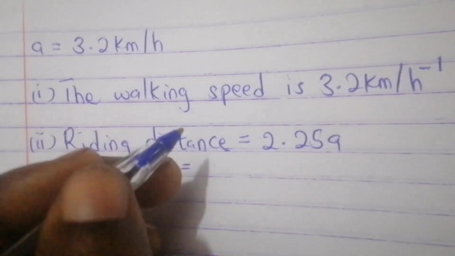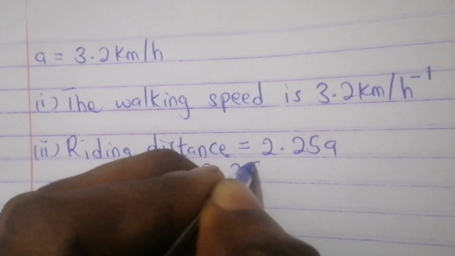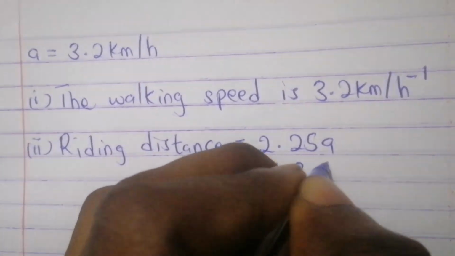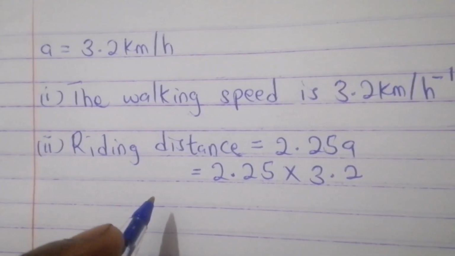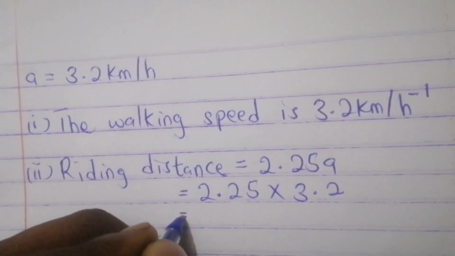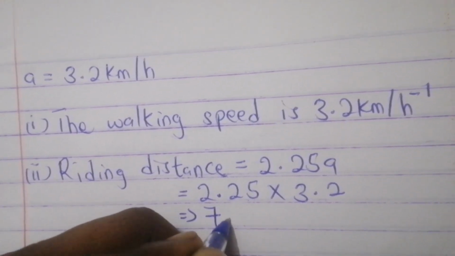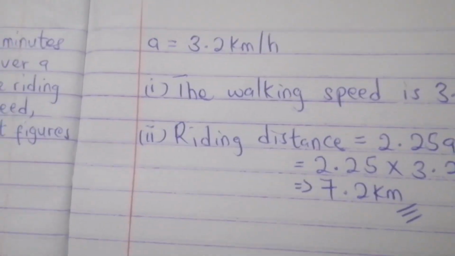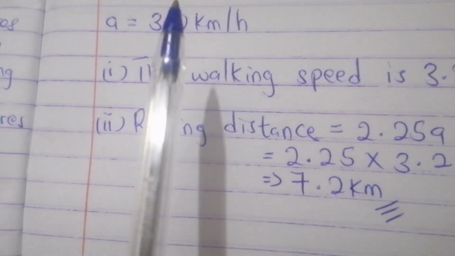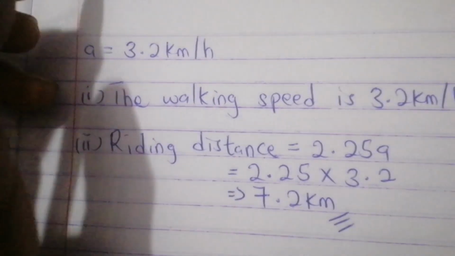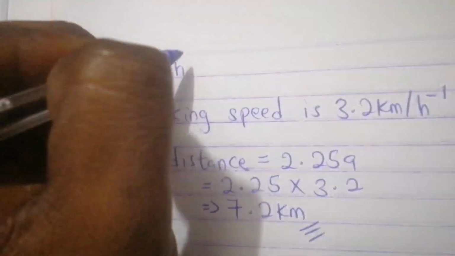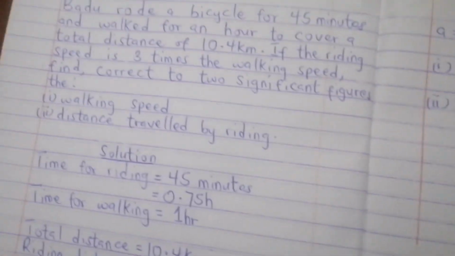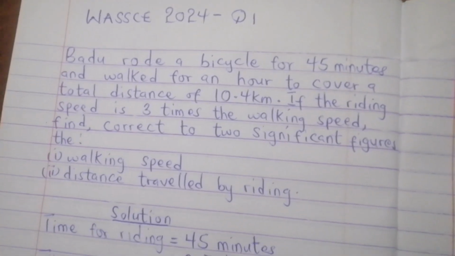So you are going to substitute the value for A, which happens to be 3.2. So 2.25 times 3.2 is going to give us 7.2 kilometers. So the walking speed is 3.2 kilometers per hour, and then the riding distance is 7.2 kilometers. This is the solution to question number 1 for WASSCE 2024.